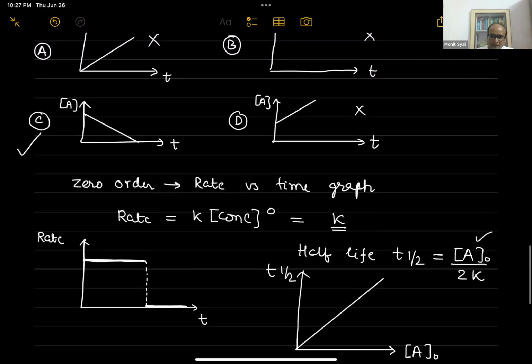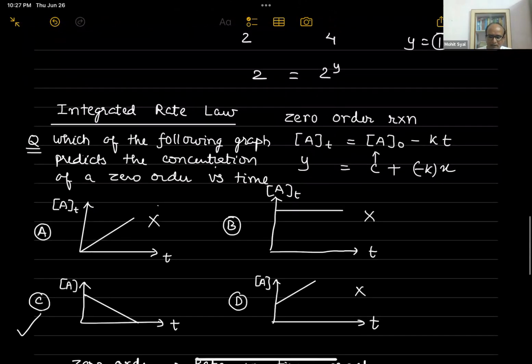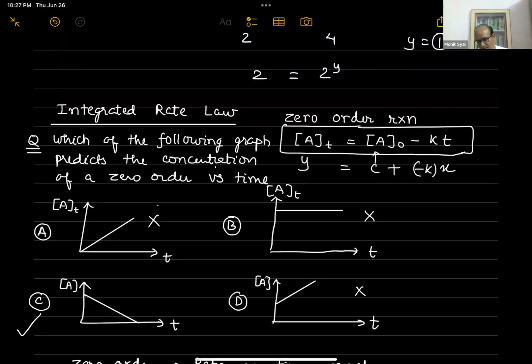As per this equation, you can calculate everything. You can calculate the half-life. For half-life, you need to put this as A naught by 2, because it is the time required for 50% completion.